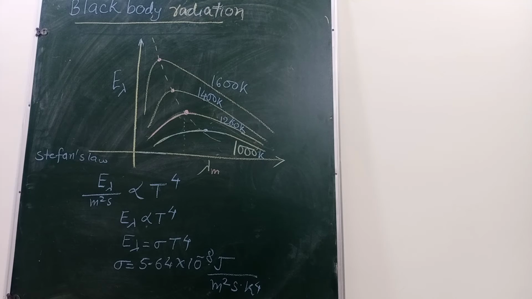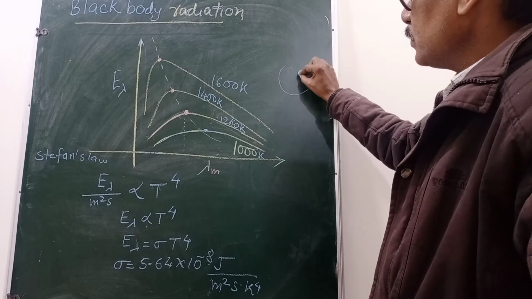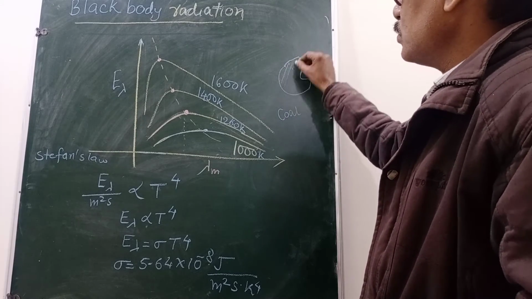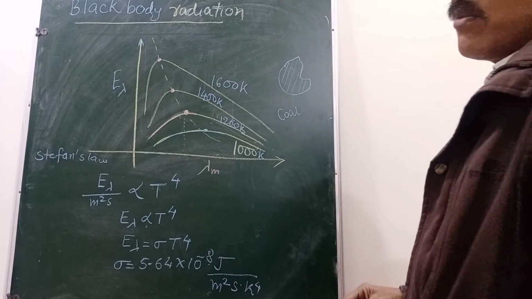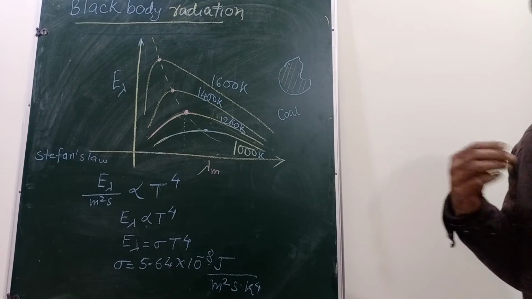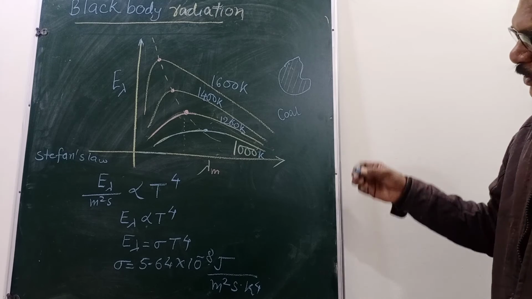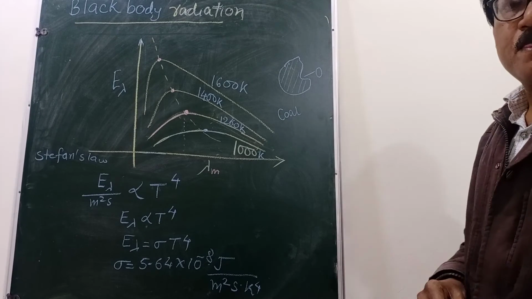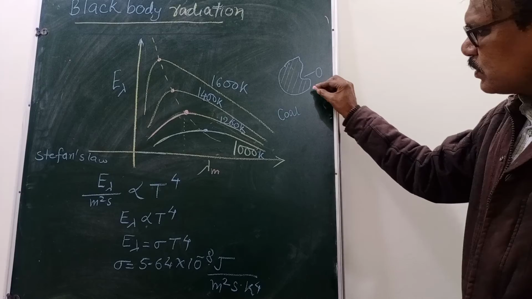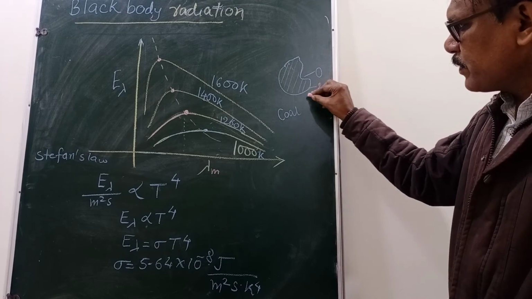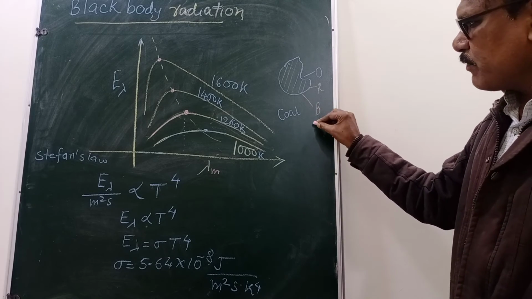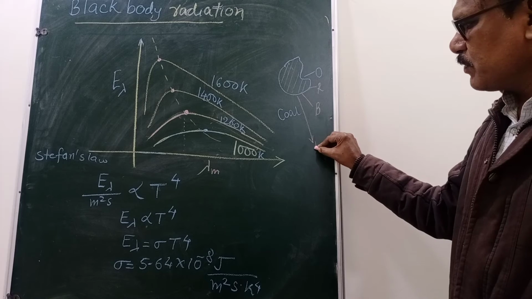So if we have one coal piece, this coal piece will appear black to us at normal temperature, but when we provide heat to it, initially it will emit orange color, then it will emit red color, then if the temperature increases further, it will give us the blue color, and finally at very high temperature it will become white.